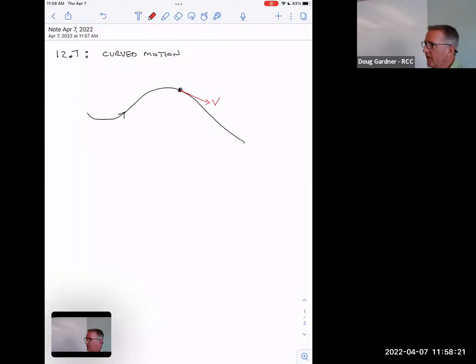Notice it's not even pointed along the road you're on. If you're in your car and you have cruise control set and you're going 50 miles an hour and you go around a curve, does it make sense that at any moment in time, wherever your car is facing, that's the direction you're going 50 miles an hour? Now you might choose to say, I don't want to go that direction anymore, but your velocity is defined by what direction you're pointing at that moment.